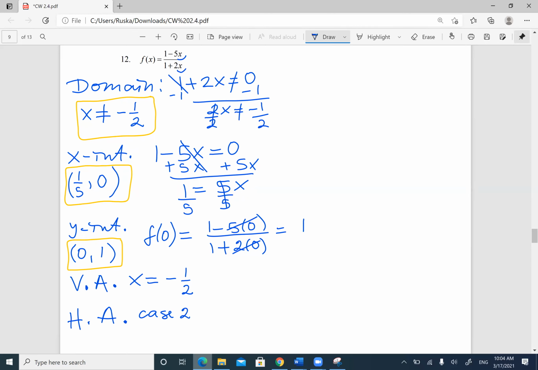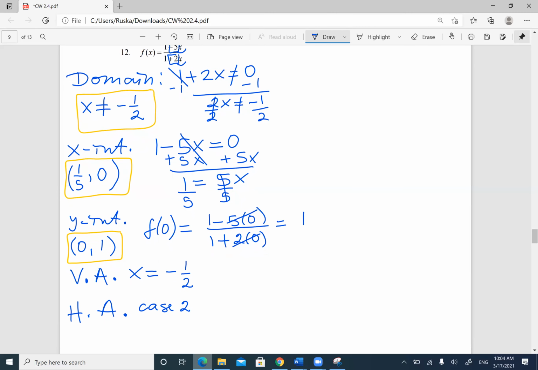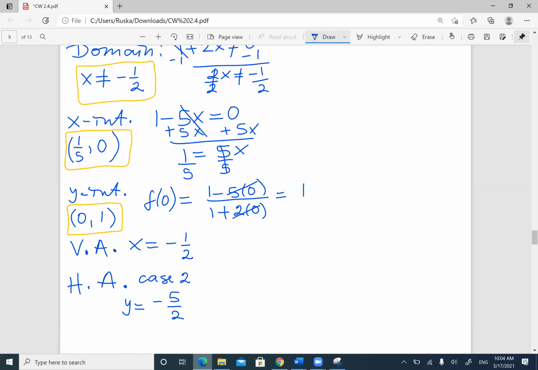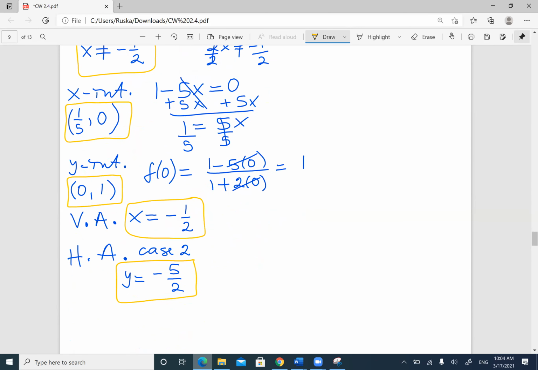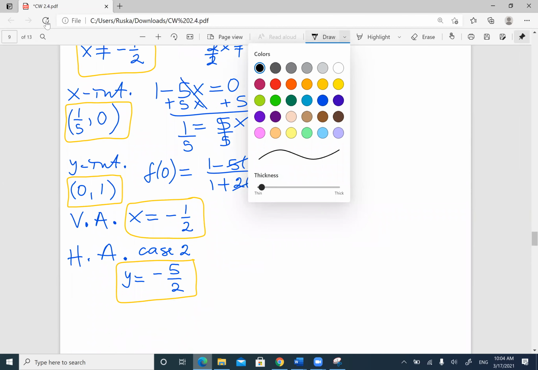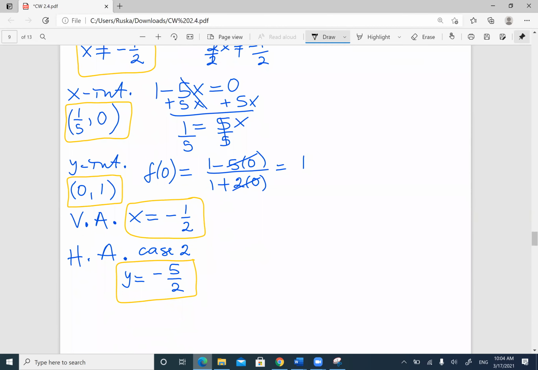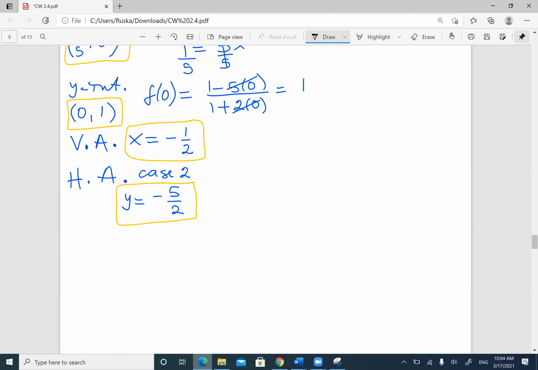So we look at the numbers in front of x in the top and in front of x in the bottom. So it's going to be y equals -5/2. That's my horizontal asymptote. Okay, any questions? And then we have to put everything on the graph and graph it. So we're going to start with the x-axis, y-axis. I'm going to do it here.